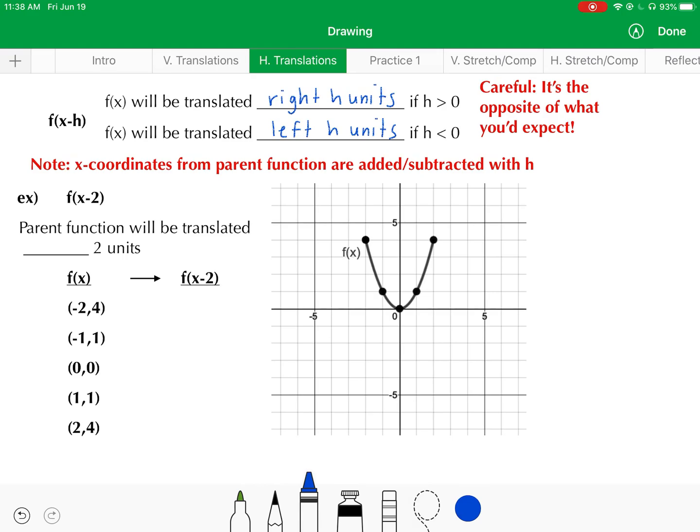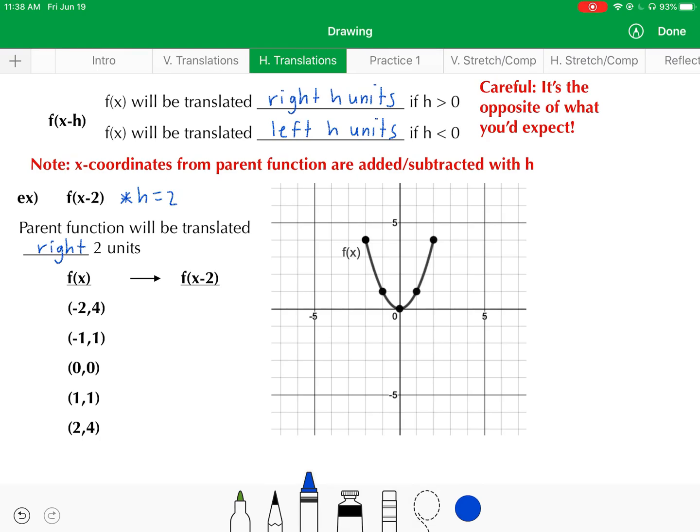This appears the opposite of what it actually is. While it appears you're subtracting 2 from x in the notation here, h is actually positive 2 here, which is going to move you to the right. You're going to be translated right 2 units. And that would mean you're adding 2 to each of your x coordinates.